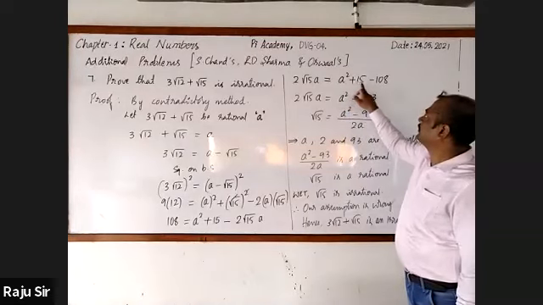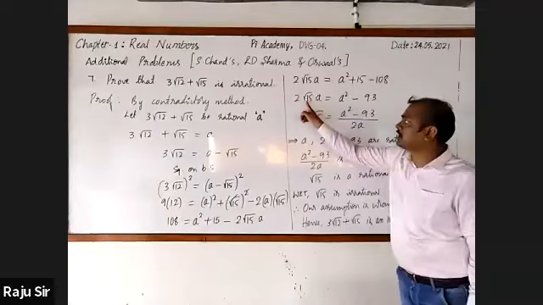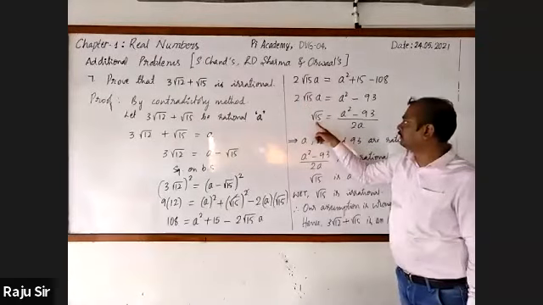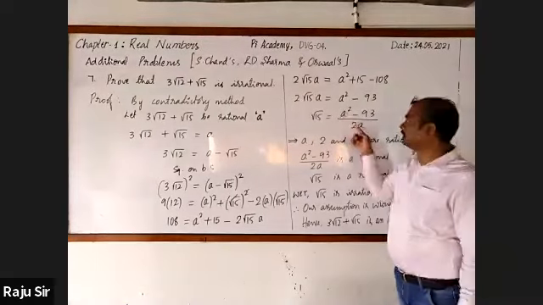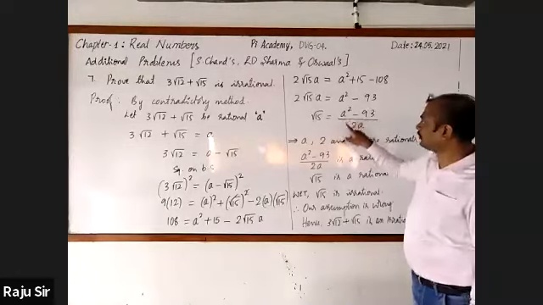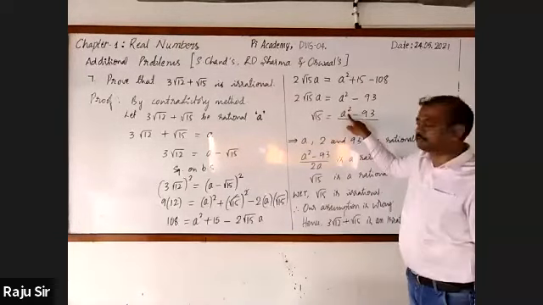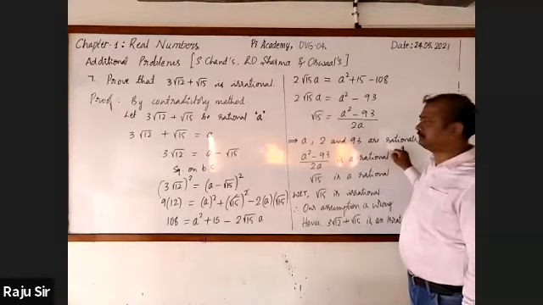Next, a square plus 15 minus 108 is minus 93. Then solve root 15. Root 15 is equal to a square minus 93, then 2 into a has been transferred to the denominator. You know that here a is rational, 2 is rational, and also 93.